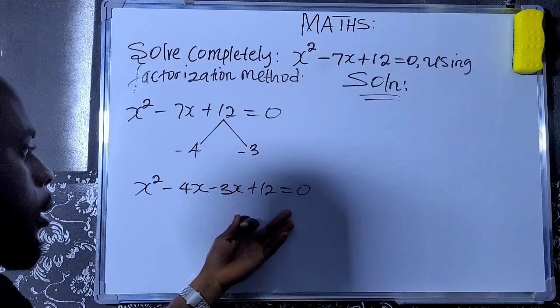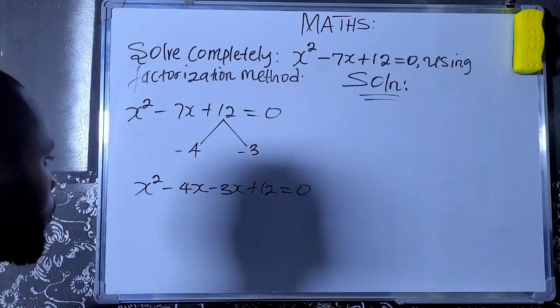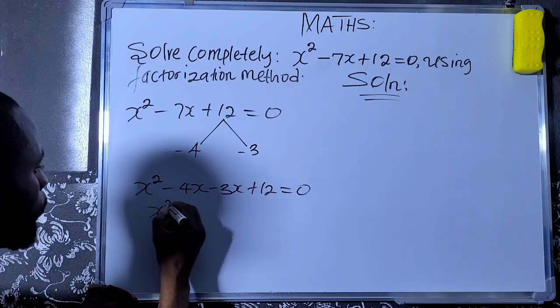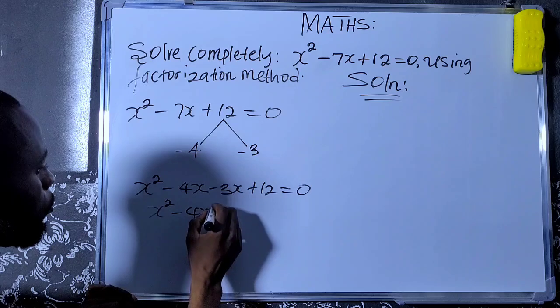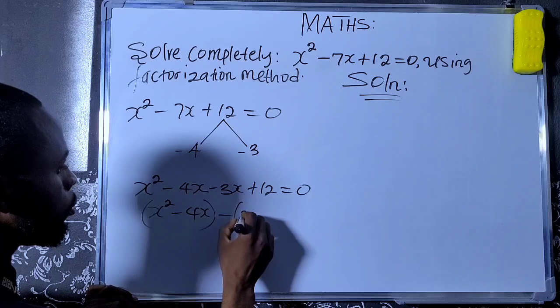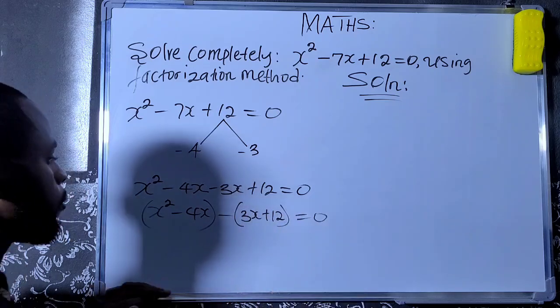Now the next step is for you to factorize it by grouping. We are going to group this into two parts. That is, we have x squared minus 4x, in a group, minus 3x plus 12 equals 0.